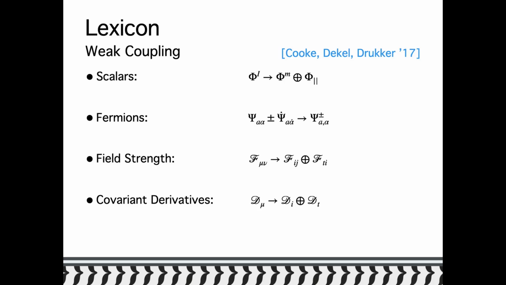Because I chose a particular one, the 6 scalars rearrange themselves in the following way. Now we have 5 scalars, which transform in the fundamental of SO(5), labeled by this index M. And then we have one scalar which transforms as a singlet, labeled by phi parallel.